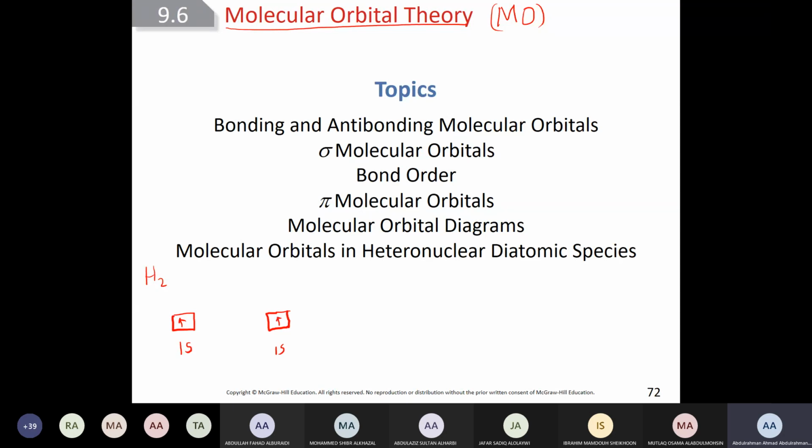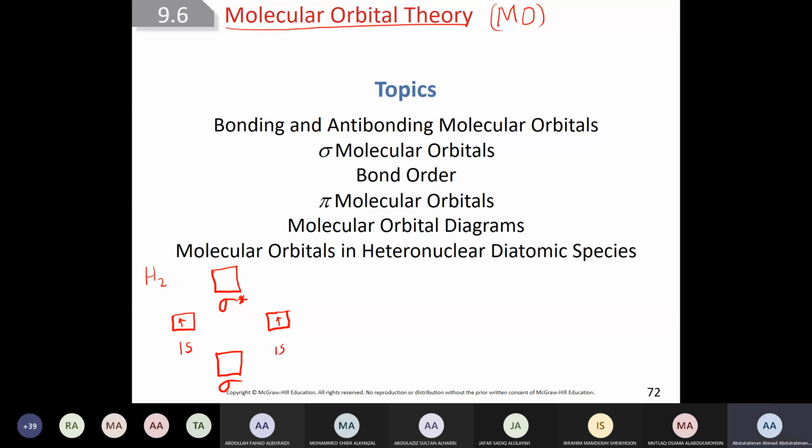When these two orbitals mix together, they make two new orbitals for the molecule, one at lower energy and one at higher energy. The one at lower energy is called sigma, and the one at higher energy is called sigma star.